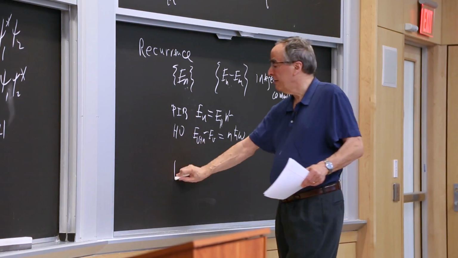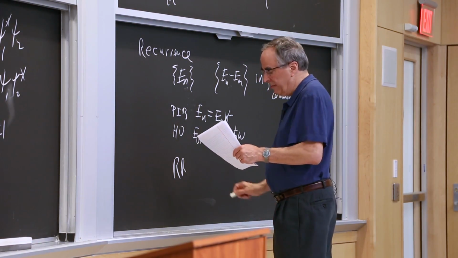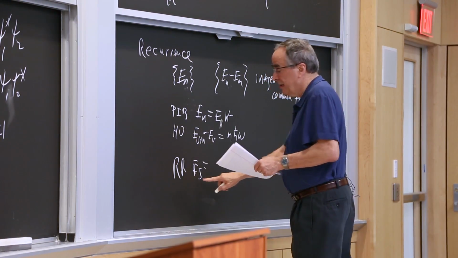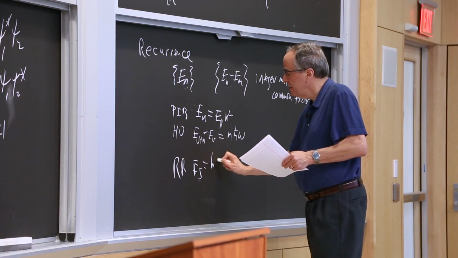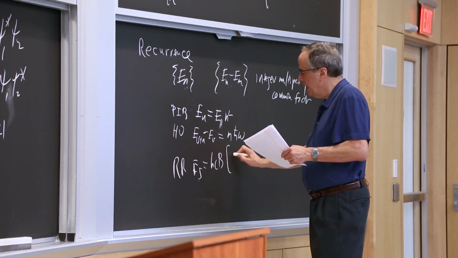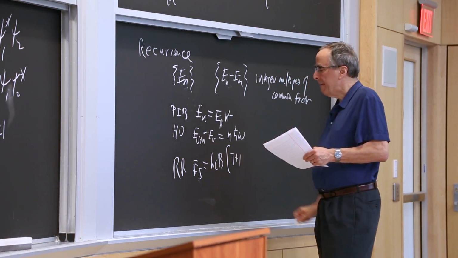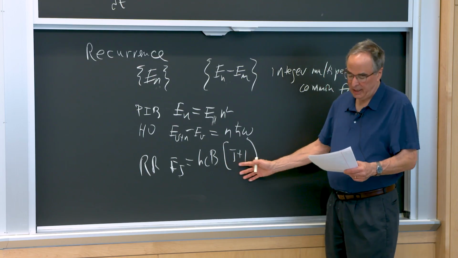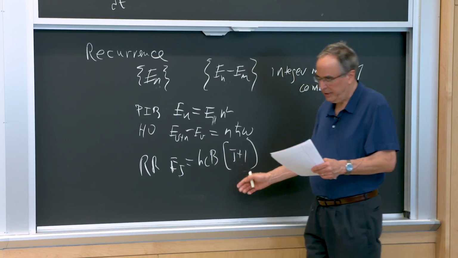For a rigid rotor, which we haven't seen yet, the energy levels are a function of this quantum number J, HCB, the rotational constant, times J plus 1. So all of the energy levels are related.